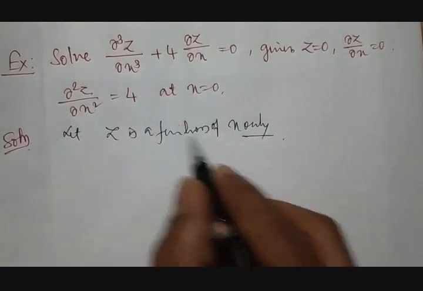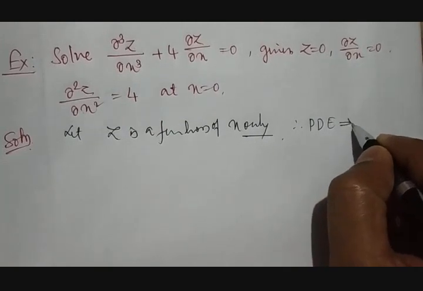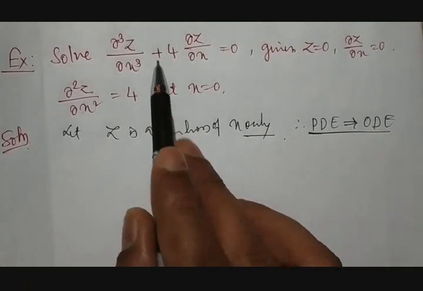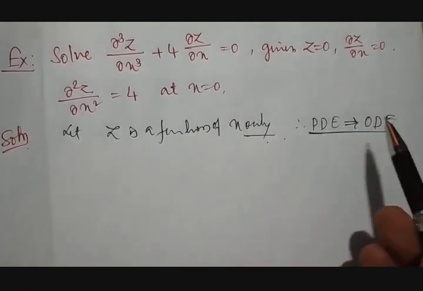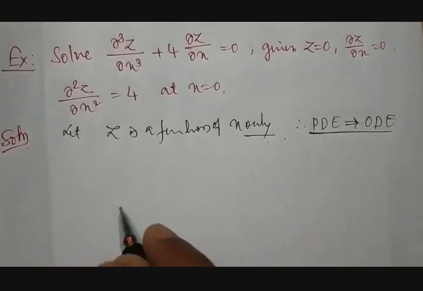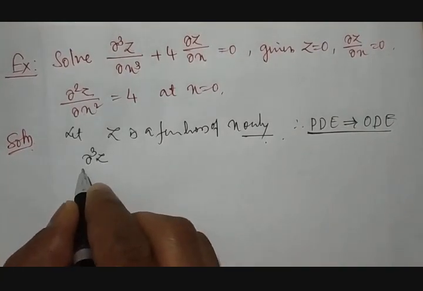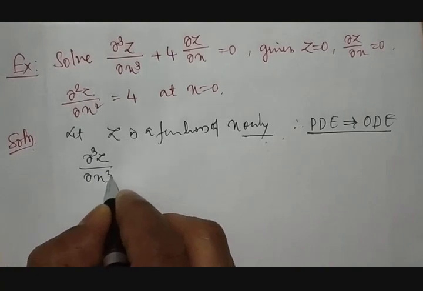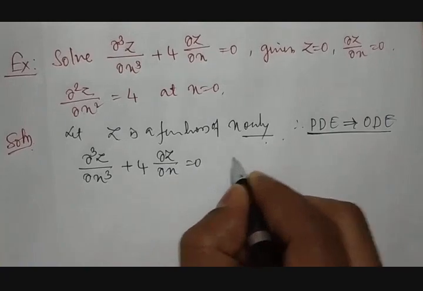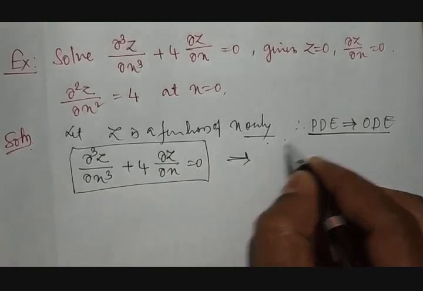When it is a function of x only, this partial differential equation will be converted into an ordinary differential equation, because a function with a single variable is nothing but an ordinary differential equation. Therefore, the given equation ∂³z/∂x³ + 4 ∂z/∂x = 0 will be converted into ordinary form.